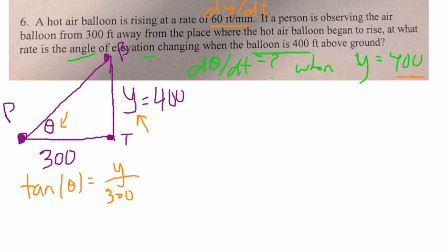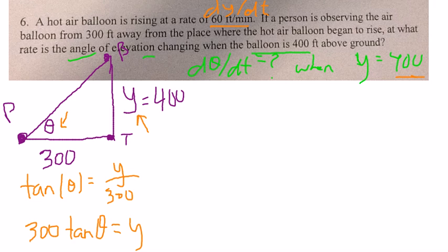So those are the 2 things that I'm going to plug in once I get the relation. I could derive this as is, but I don't like the 300 where it is, so I am going to multiply by 300 on both sides just to not have fractions, and I get 300 tan theta equals y.